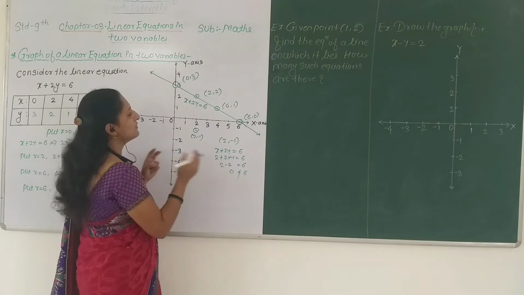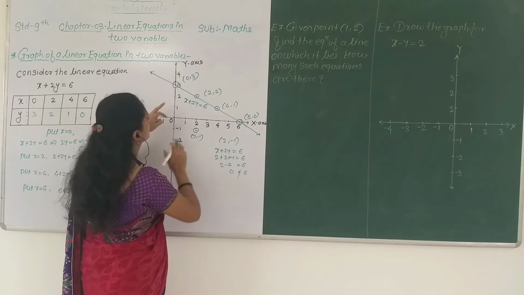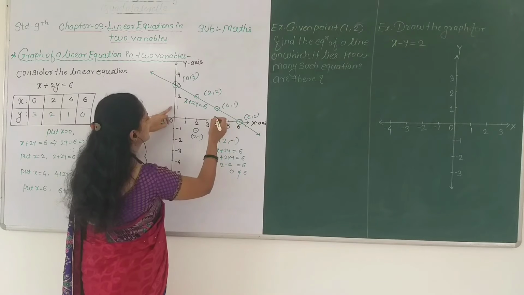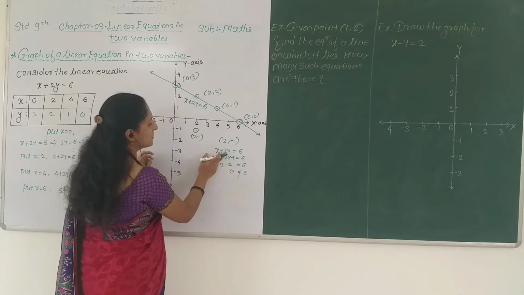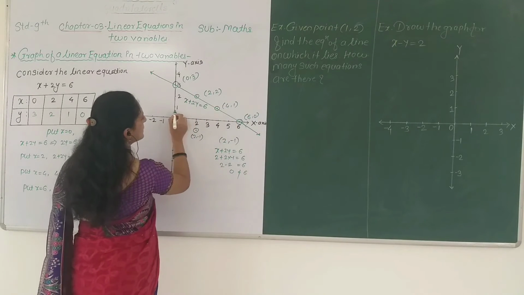Now take any one point on the line. Suppose I take the point 5, 1 on this line. So check here, x is equal to 5 plus y is equal to 6. Okay, 5, 1 lies on the line.